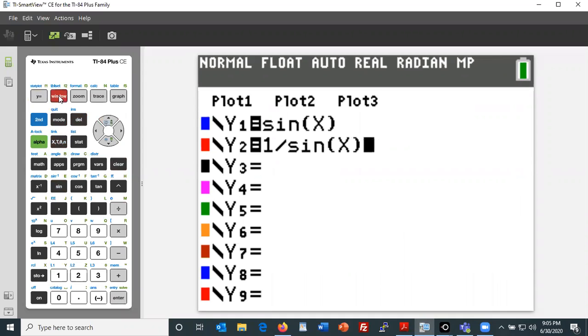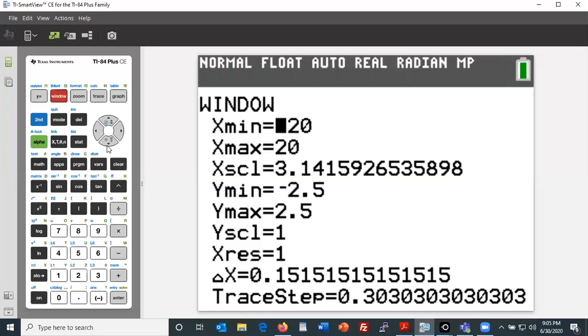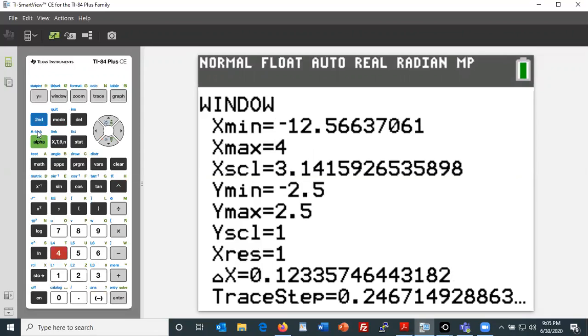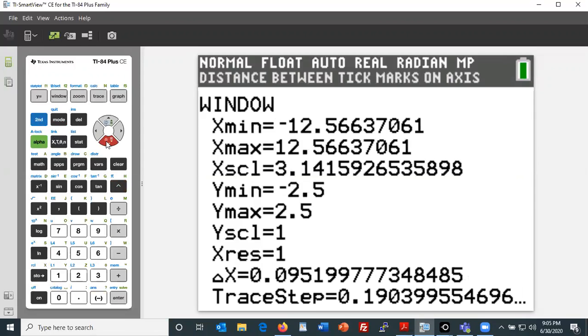I'm going to change my window to look like the one on the page. So if you hit window, we would be going from negative 4 pi, if we use the full left side of the graph, to positive 4 pi. And then the x scale looks like it's steps of pi.